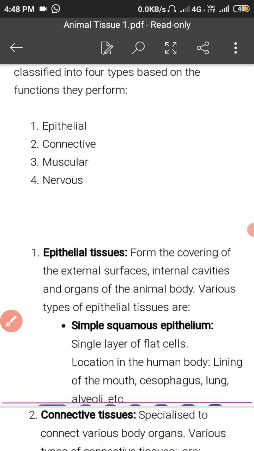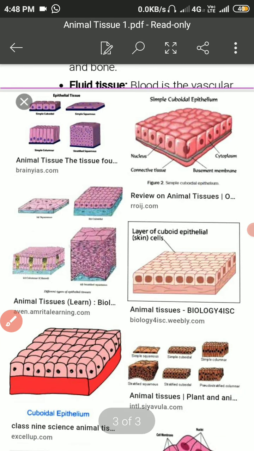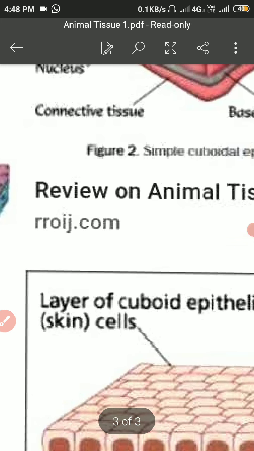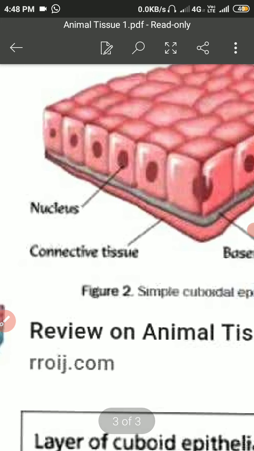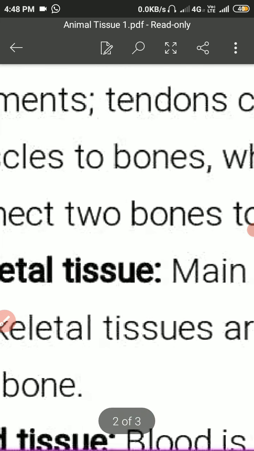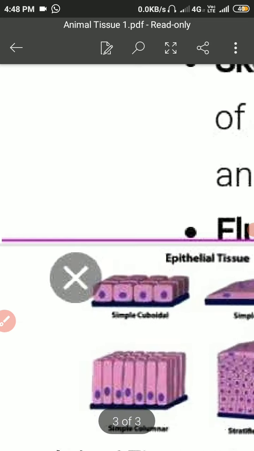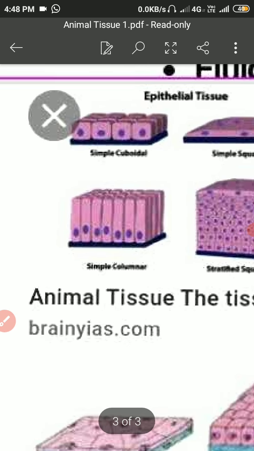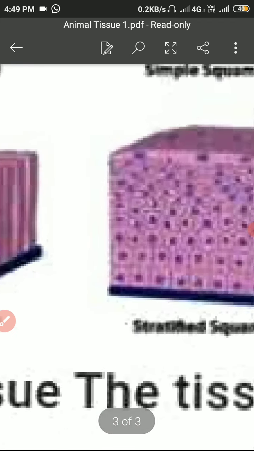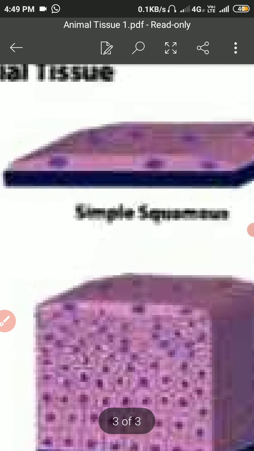Dear student, these are the different types of tissues. In this diagram you will find the different types of tissue. Here you are looking at the simple squamous.